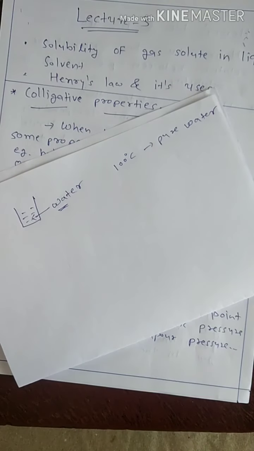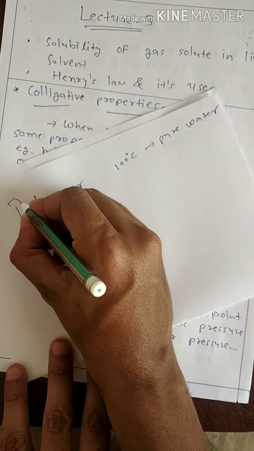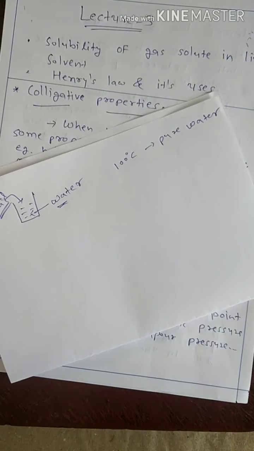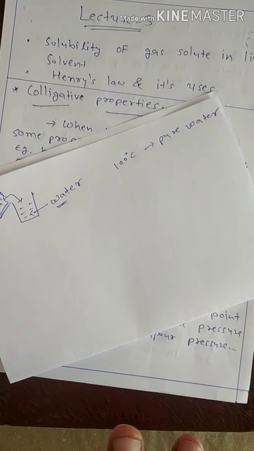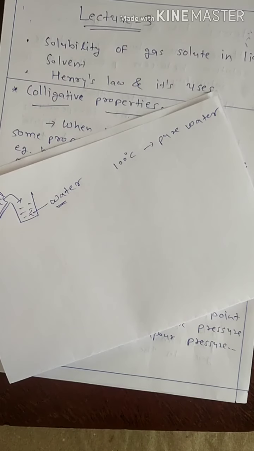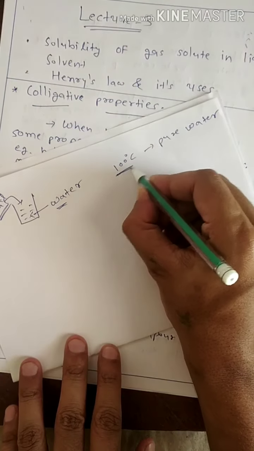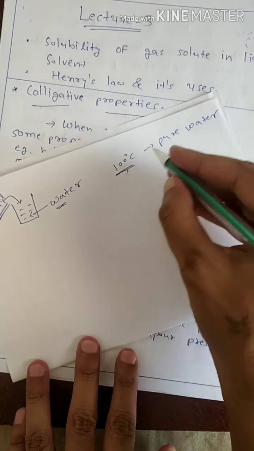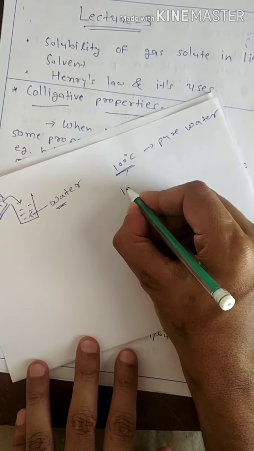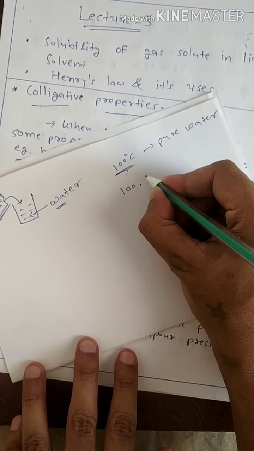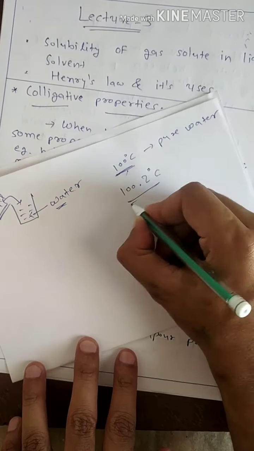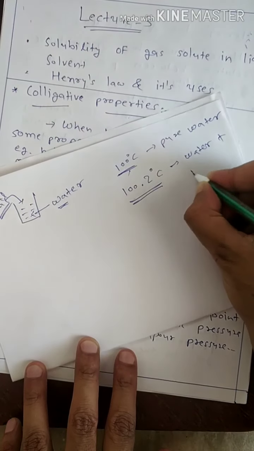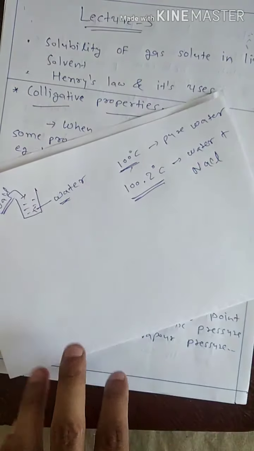Now, if I dissolve some salt in it, suppose I am taking NaCl, I am dissolving some salt in it. Now, what will happen? This boiling point will change here. Suppose the boiling point will be 100.2 degrees Celsius for water plus NaCl solution.